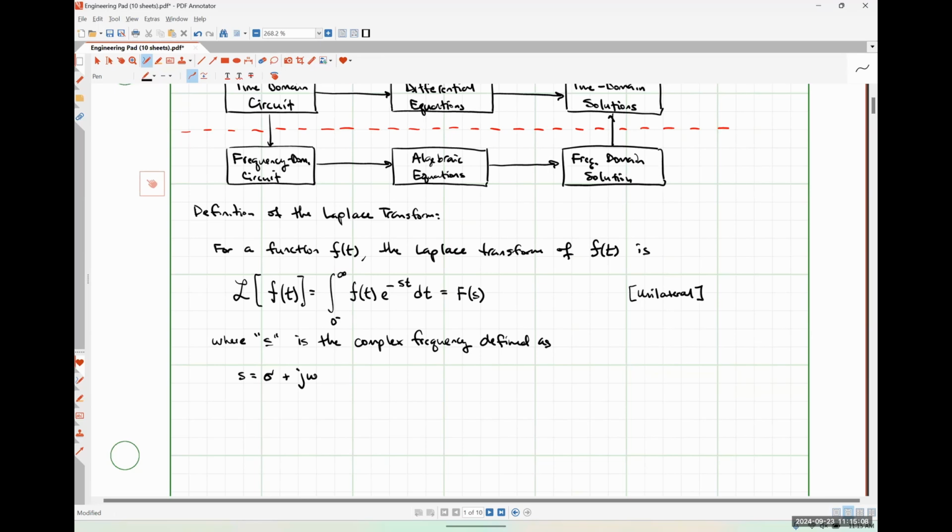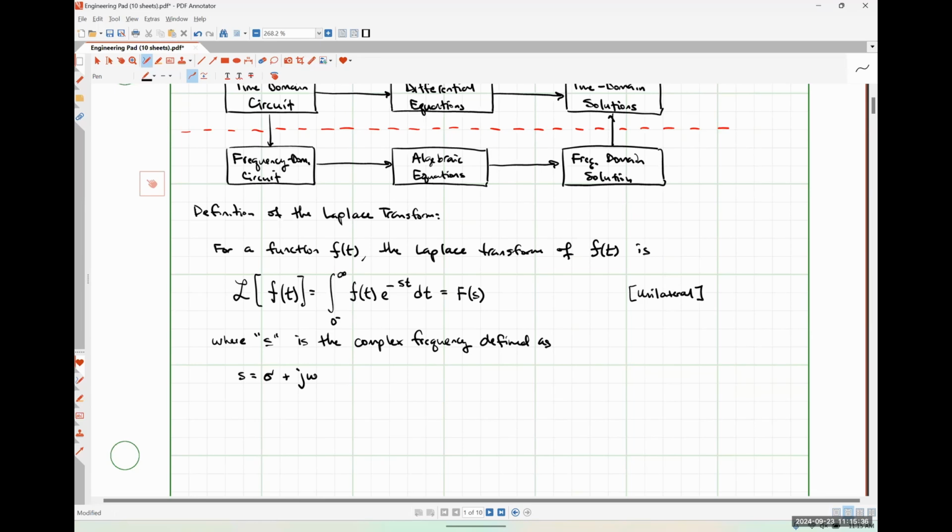So effectively, what we can actually glean from this thing, and it won't be obvious just yet, but all of our steady state sinusoidal circuit analysis that we have done in our previous classes is actually a special case of the Laplace transform, where sigma, the real component of our complex frequency s, is just assumed to be 0.